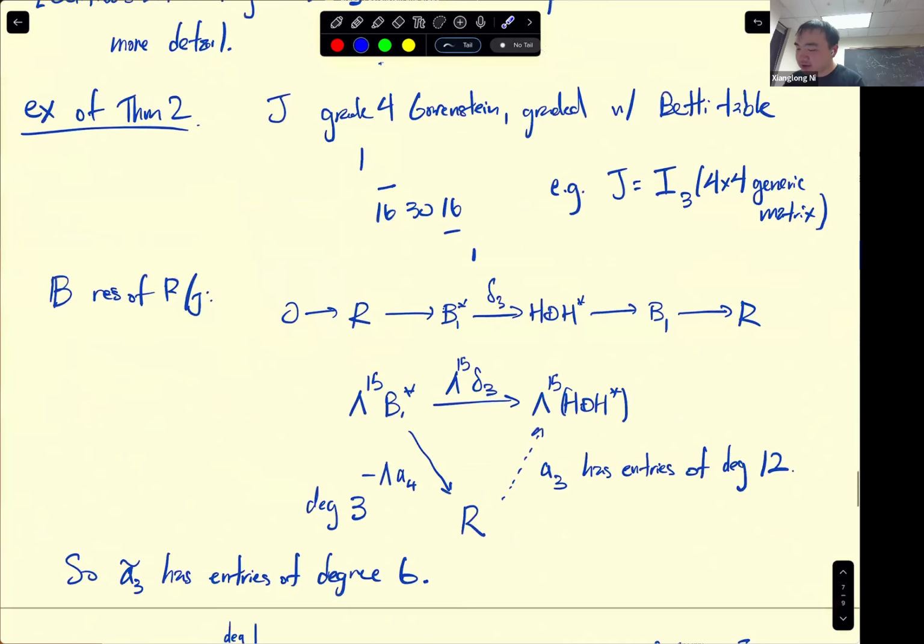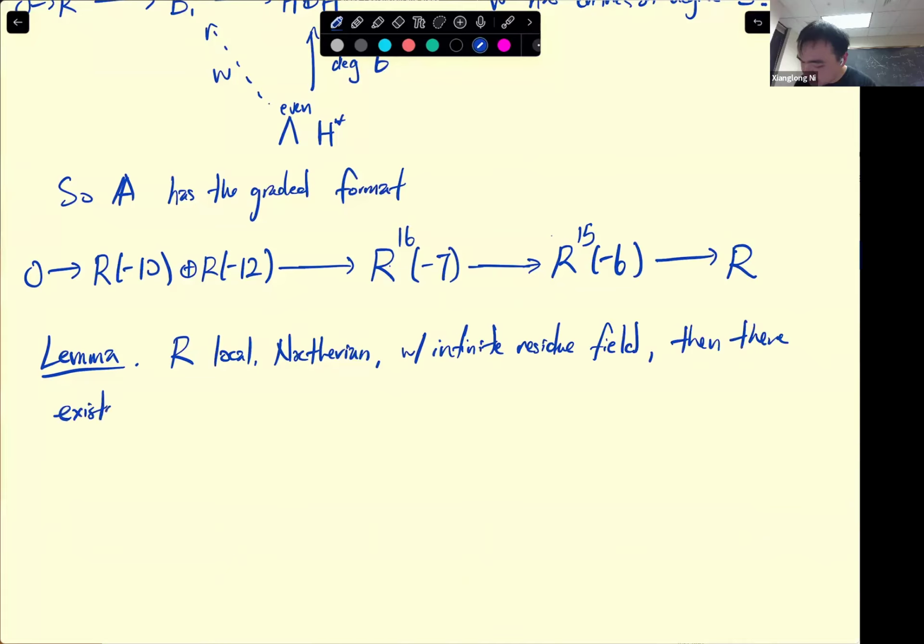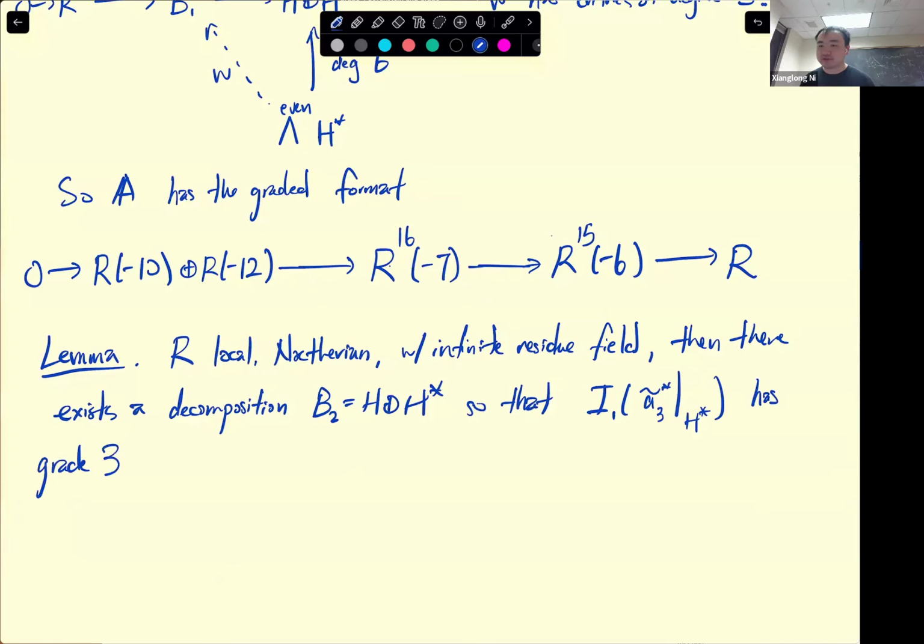Then there exists a decomposition of B2 as H plus H dual, so that the ideal of D1, which is to say the spinor coordinates restricted to just H dual, has grade 3. It's some kind of general position argument for why this is possible. But this is an important lemma because we need this to know that if you start with a grade 4 Gorenstein ideal, then you can exhibit it in a genuine length 3 resolution, and the last column.